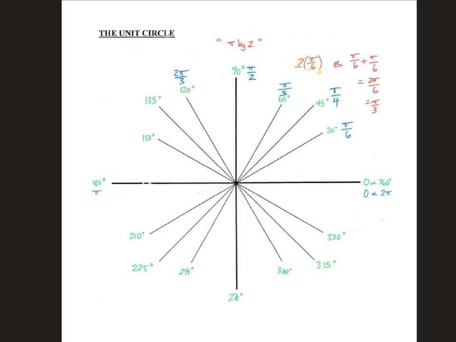Now, we could also use a related acute angle. I'm just going to label something on our graph: to get to 120 degrees, that means that we are 60 degrees short of our x-axis. And a 60-degree angle in radians is pi by 3.